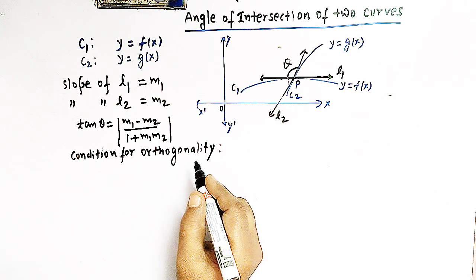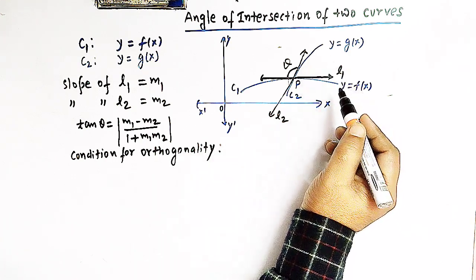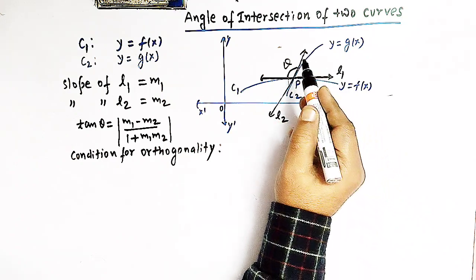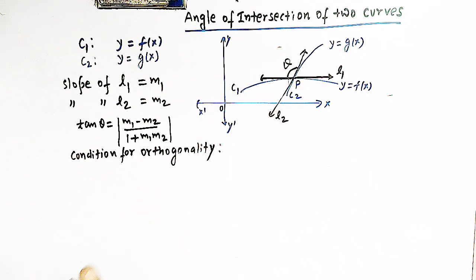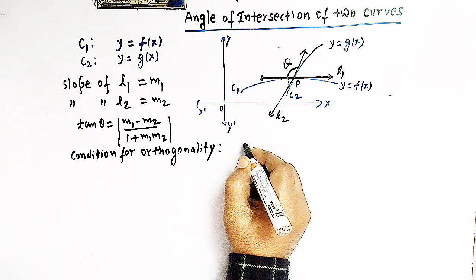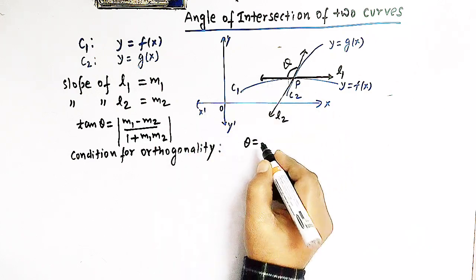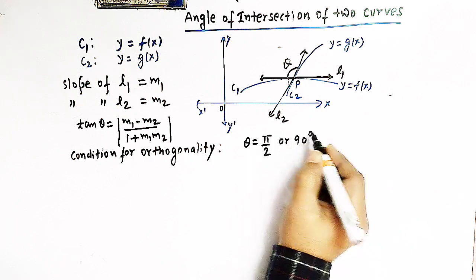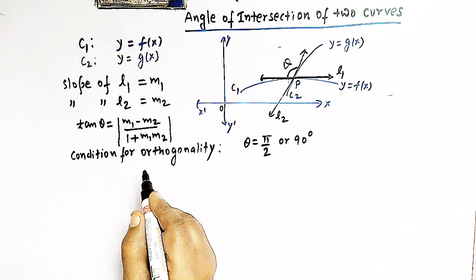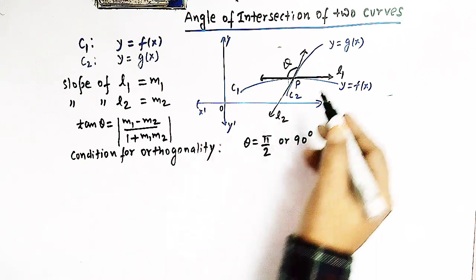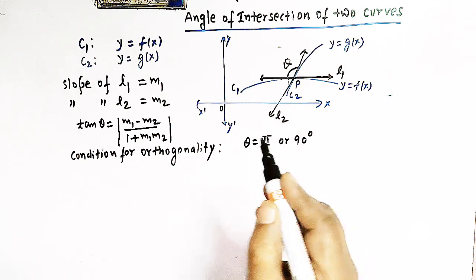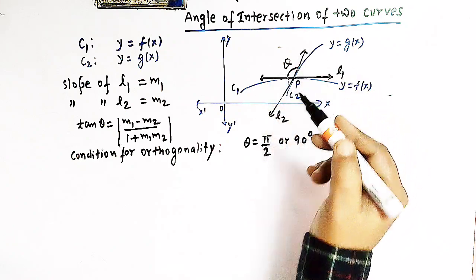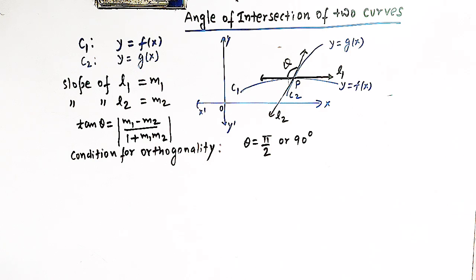The condition for orthogonality is that the angle between the tangents to the two curves at the point of intersection should be equal to 90 degrees. So when theta is pi by 2, or 90 degrees, the two curves are said to intersect orthogonally.